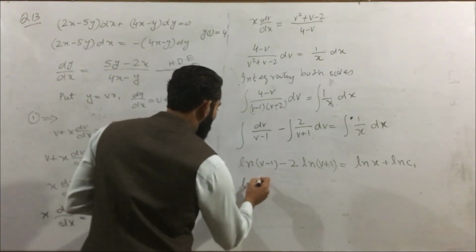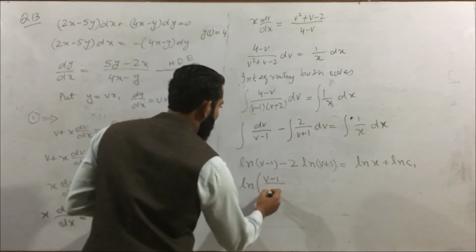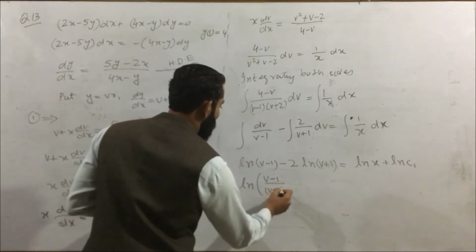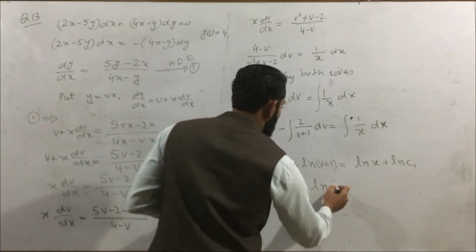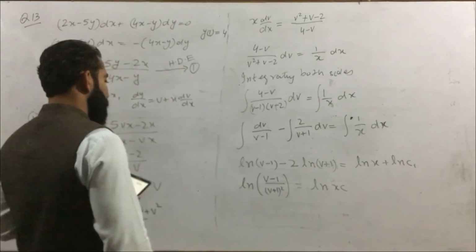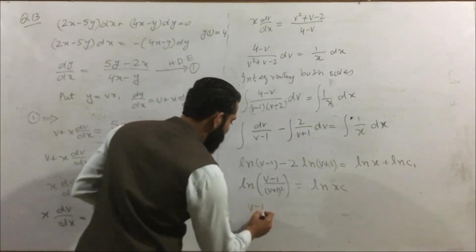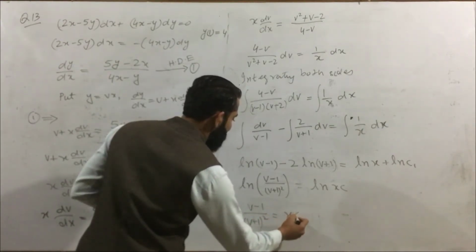After applying the properties of natural log, (v minus 1) divided by (v plus 2) whole square is equal to natural log of xc. The natural log will cancel out, so (v minus 1) divided by (v plus 2) whole square is equal to xc.